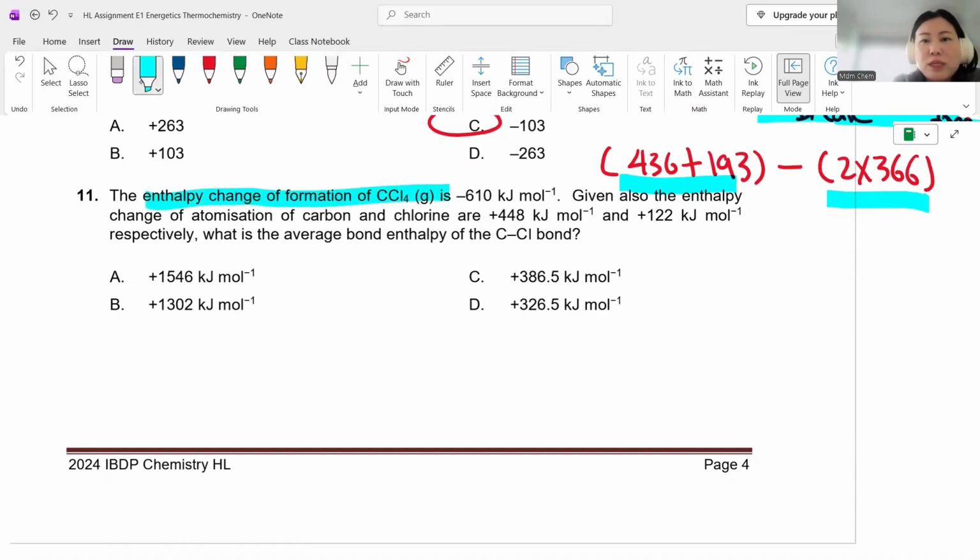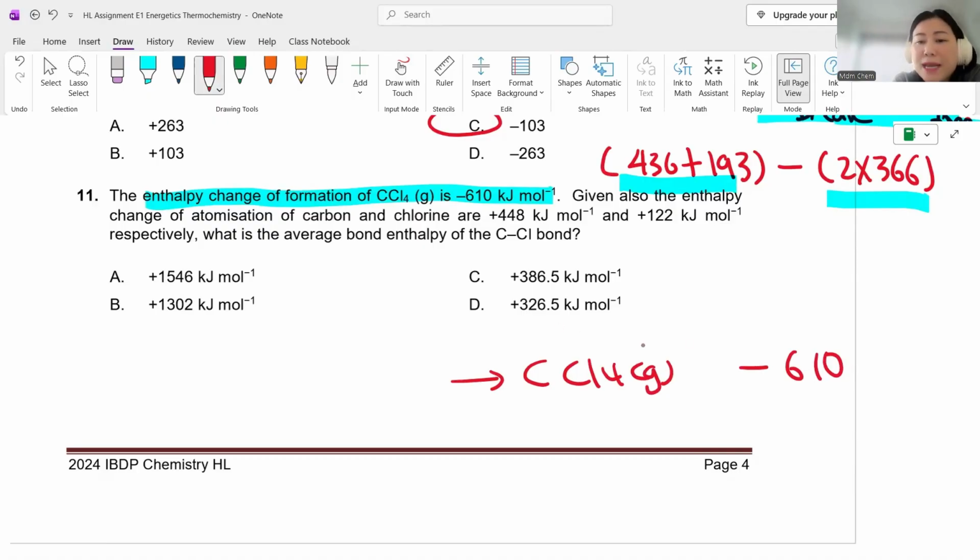First one, formation. Let's do it. Formation of CCl4 gas, minus 610, formed from elements. So C solid plus 2Cl2 gas forms CCl4. That's the first equation, the line in blue.